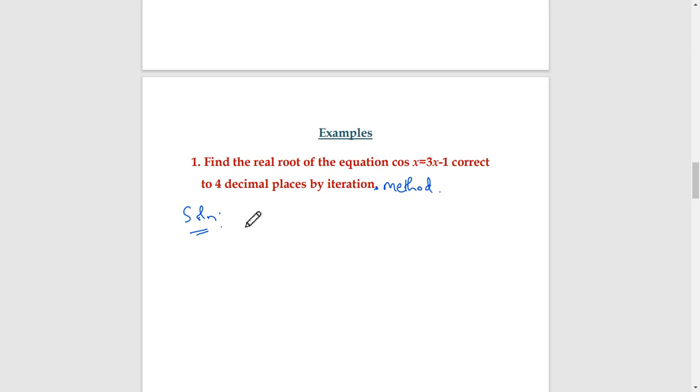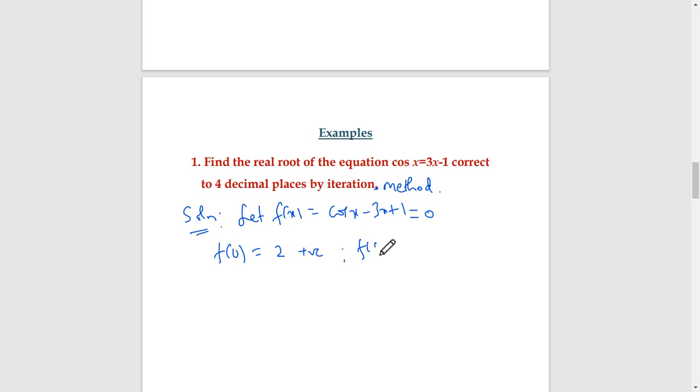So let f of x is equal to cos x minus 3x plus 1, which I have taken to this side, equal to 0. Okay. So now by trial and error, see f of 0 is 2. Cos 0 is 1, 1 plus 1 is 2, which is positive. Since this is a transcendental equation, you have to use the calculator in the radian mode.